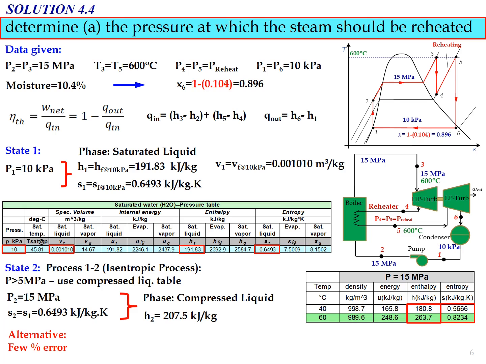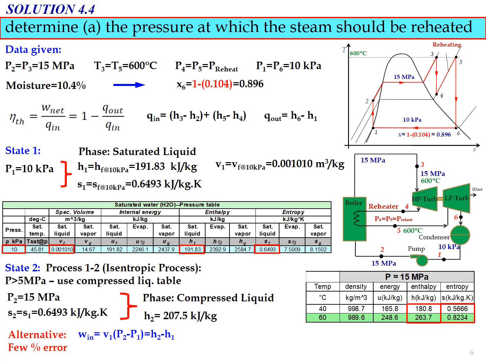Okay, there is an alternative to determine H2 if you don't want to use the compressed liquid table. This method has a few percent of error, but the value is still acceptable.